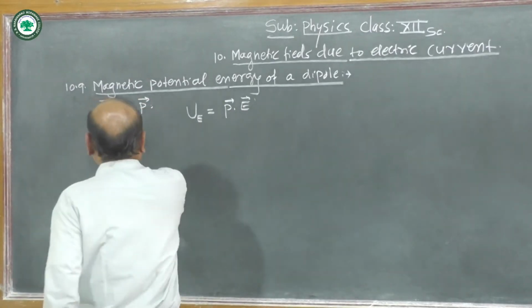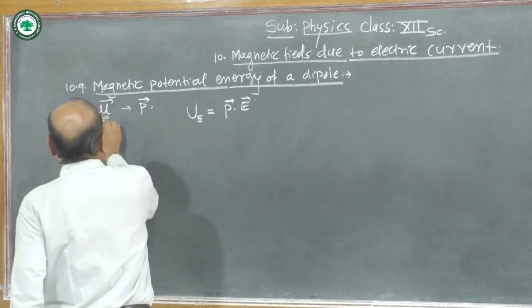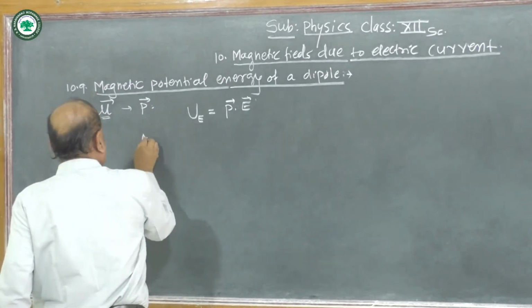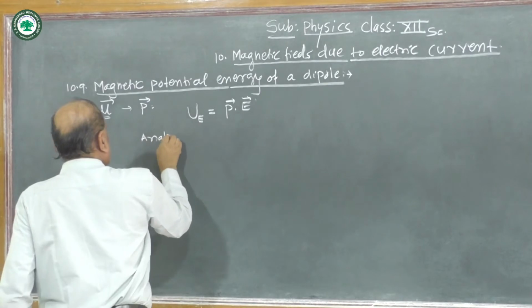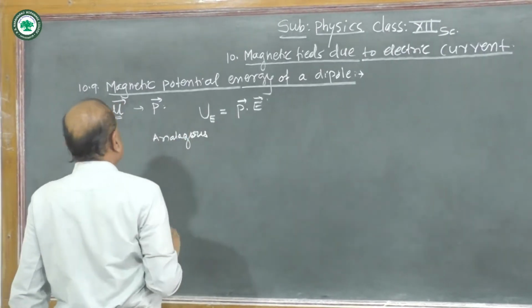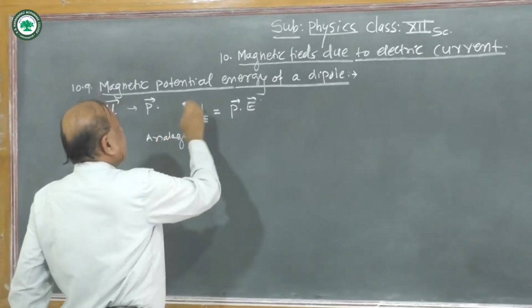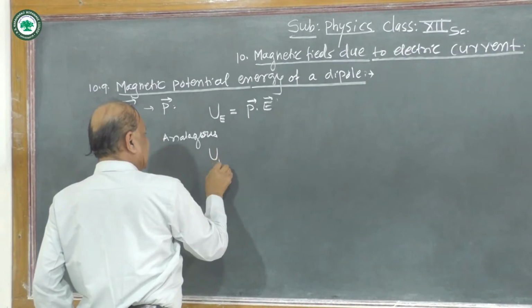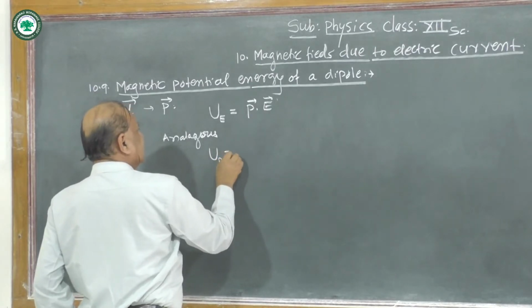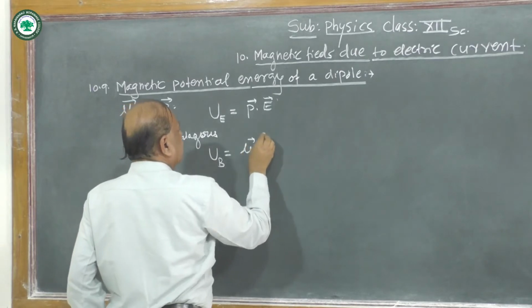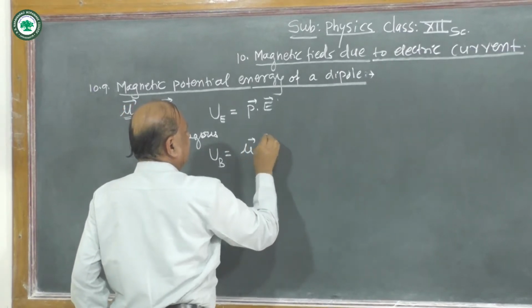Now this magnetic dipole moment is analogous to the electric dipole moment, and therefore the magnetic potential energy is given by mu bar dot B bar.